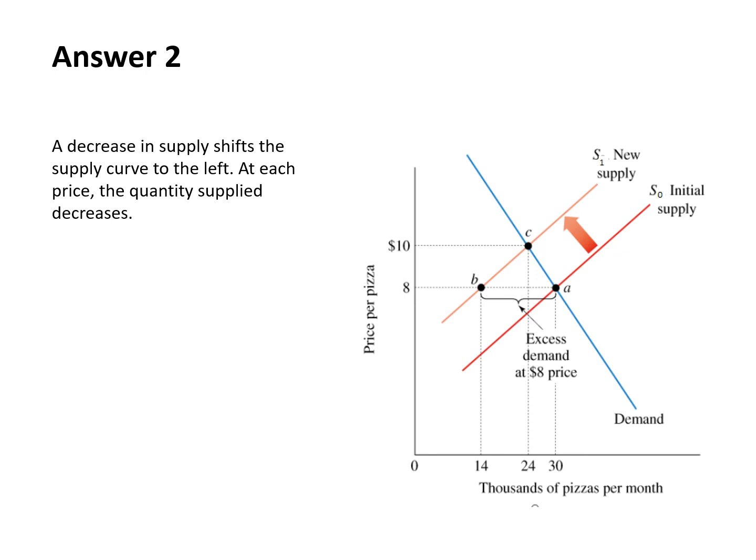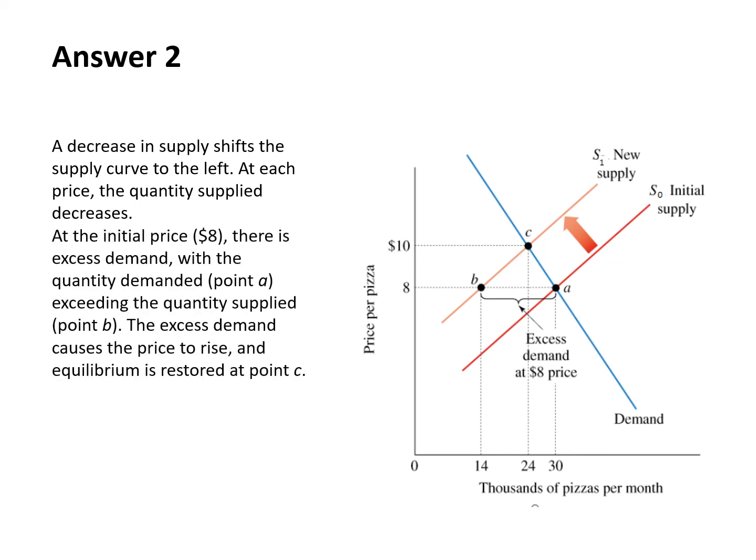A decrease in supply shifts the supply curve to the left. As we mentioned, at each price the quantity supplied will decrease. At the initial price of 8, with the quantity demanded at point A, which is equal to 30,000 units, there is excess demand.